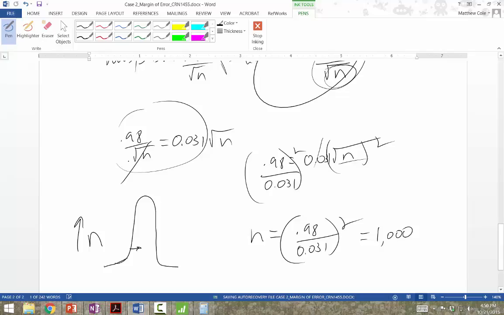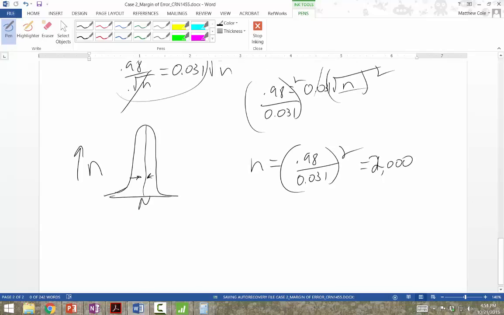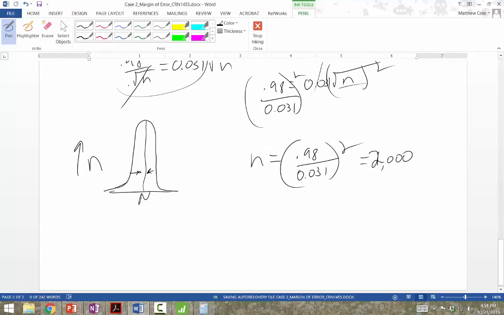We start getting closer and closer to the mean, mu. So what happens if we double it to 2,000? If we double it to 2,000, are we going to get a larger or a smaller margin of error? Well, let's find out. So now we're saying 0.98 divided by the square root of 2,000 equals our margin of error. That's what we want to solve for, the margin of error.